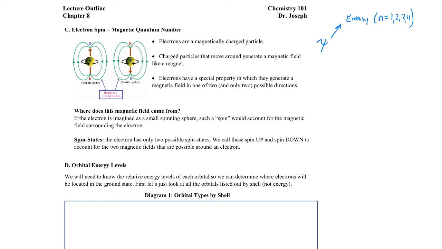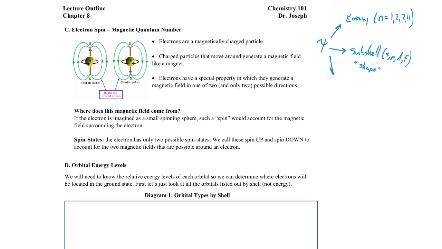Another thing we're using to describe the electron is the subshell. The subshells we learned about are S, P, D, and F. The subshell information tells us essentially about the shape, the region of space the electron is in, as a three-dimensional model.